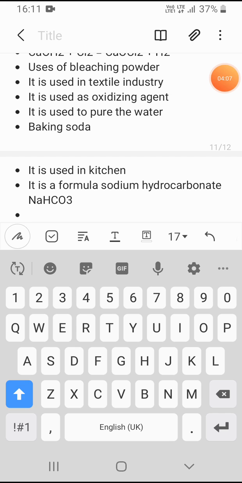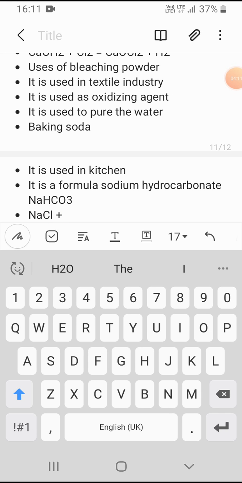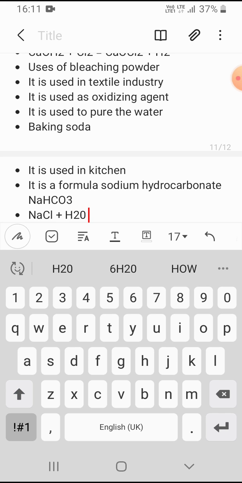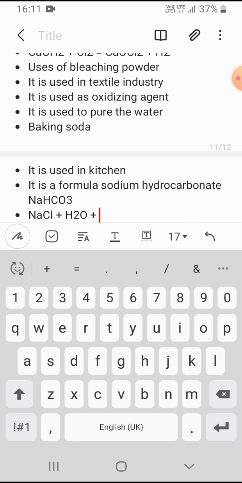It is formed when NaCl reacts with H2O, CO2, carbon dioxide, and ammonia NH3.